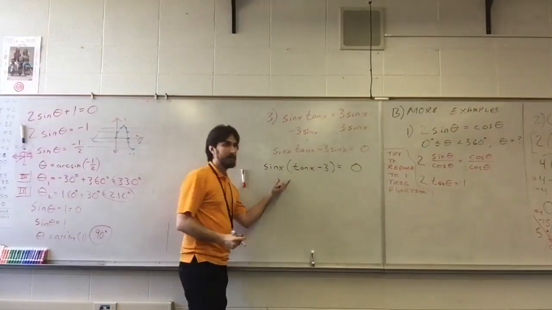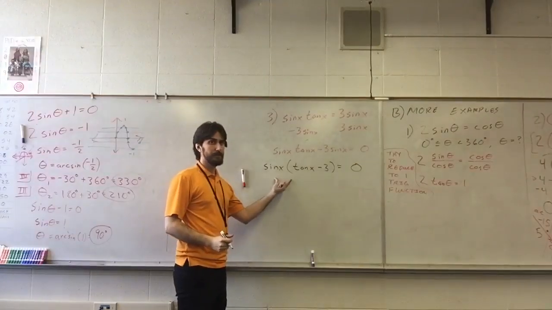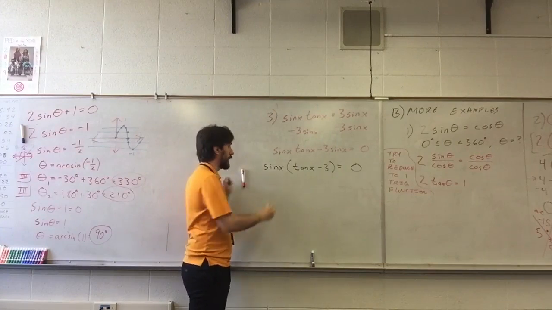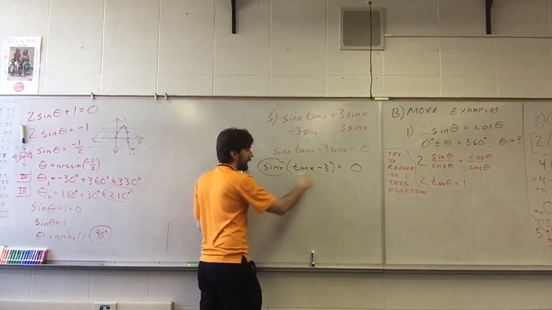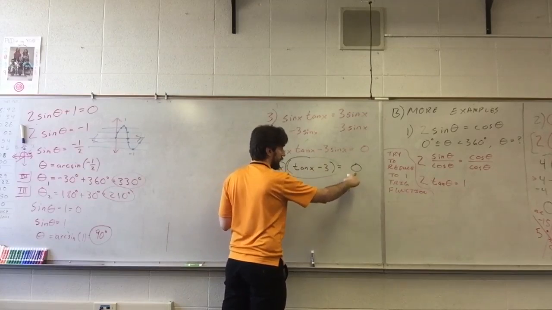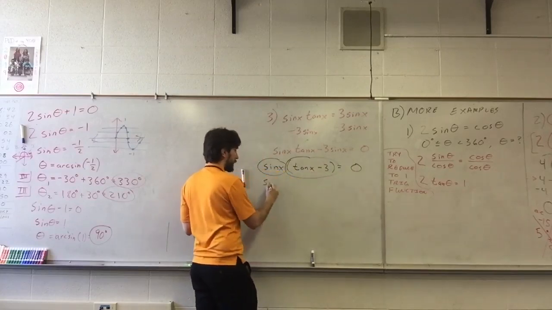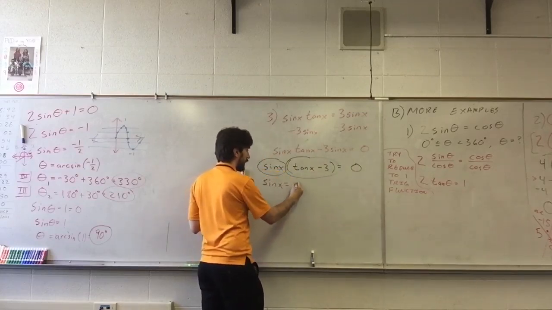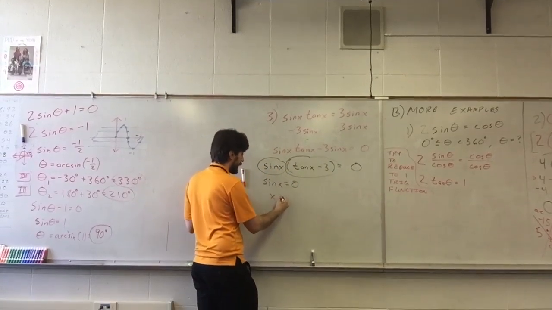And then the question becomes, when is sine equal to 0? And when is the tangent of x minus 3 equal to 0? So we separate it into two equations. Take the inverse.